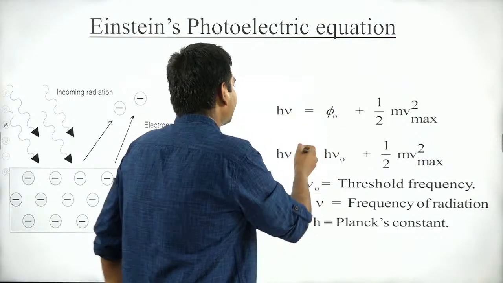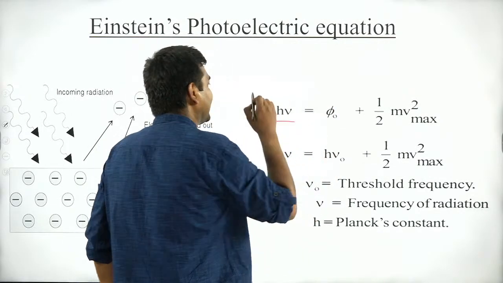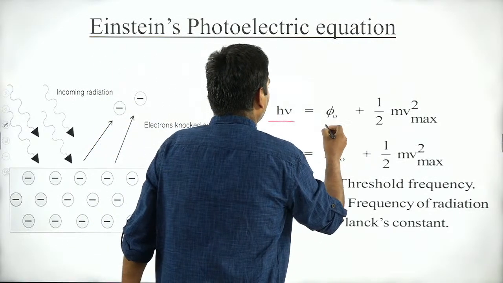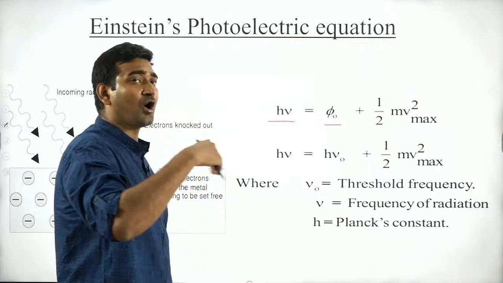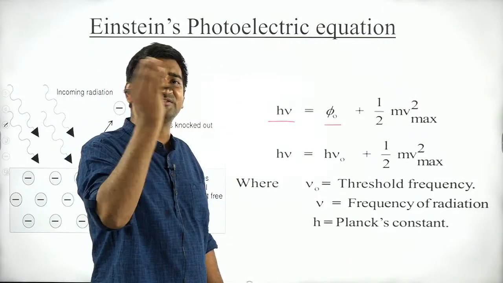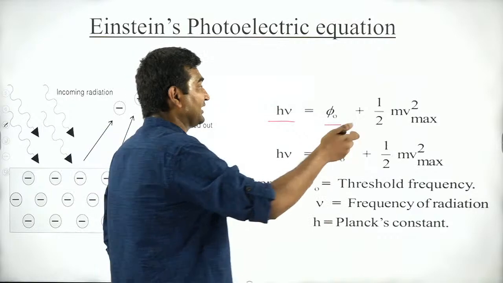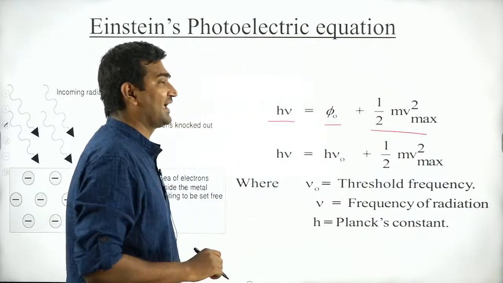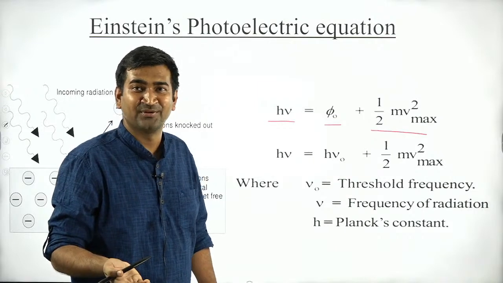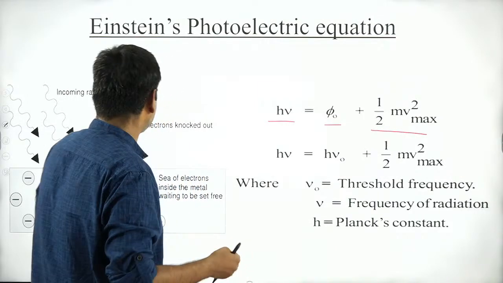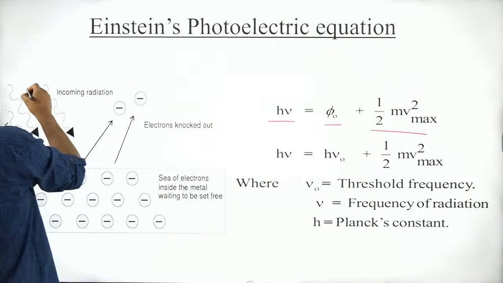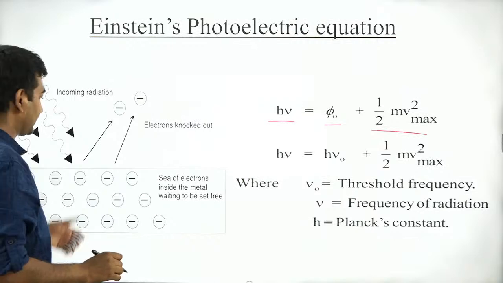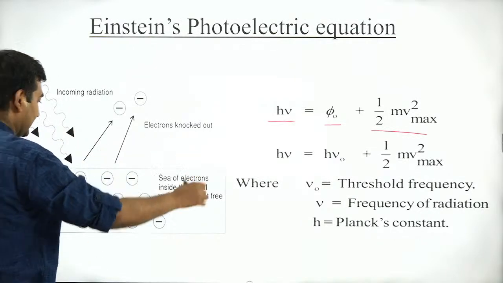So some amount of this incident radiation is spent for the work function, and all the rest of the energy that was incident is supplied in the form of kinetic energy, and you know the kinetic energy formula, K is equal to half mv square. So suppose this is your h nu coming, the incident radiation, h nu energy, and this is the metal.